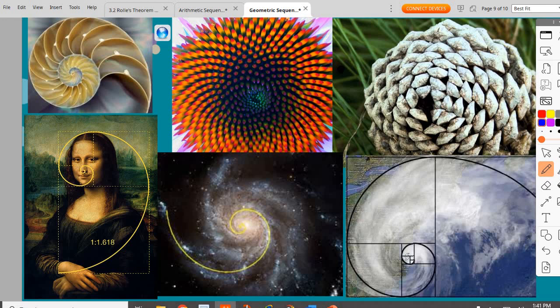Now, the other interesting side of that is that the golden ratio is not only occurring in the natural world, but it also is very stable.